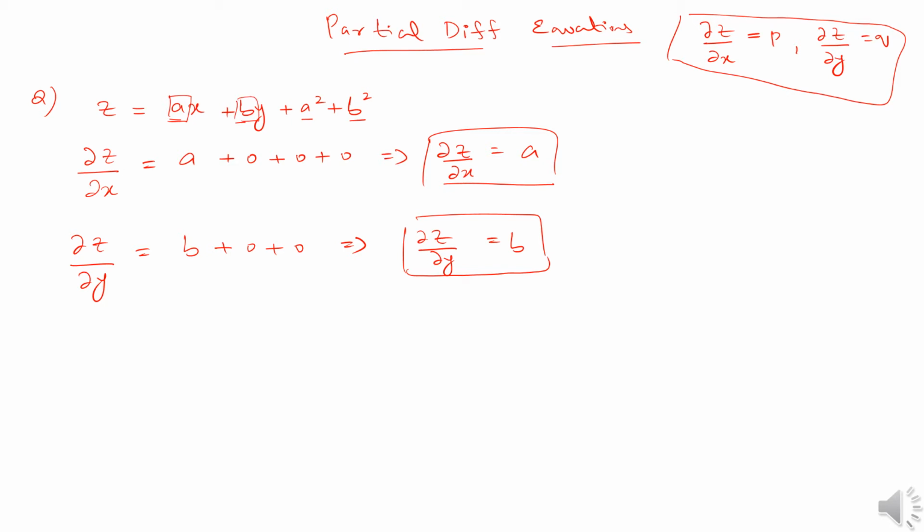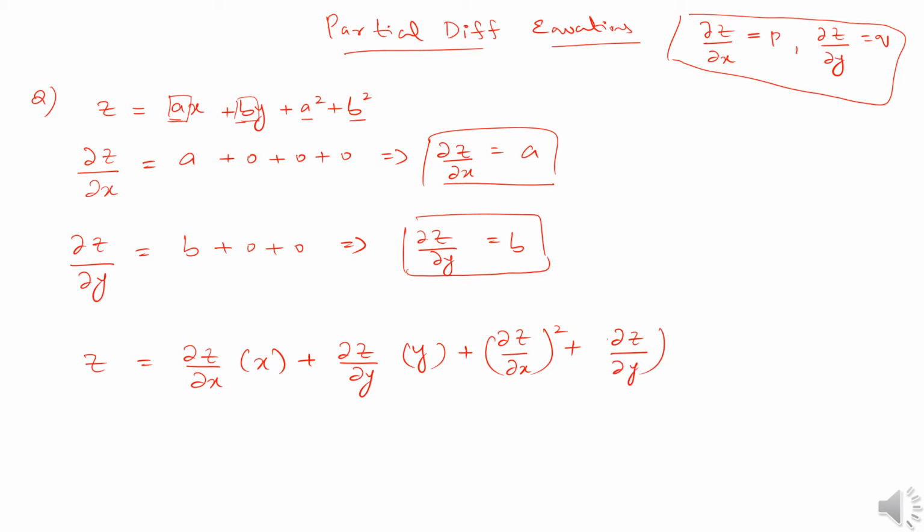So now I can write it as z is equal to ∂z/∂x times x plus ∂z/∂y times y plus, and instead of a squared I will write (∂z/∂x) whole squared plus, and instead of b squared I will write (∂z/∂y) whole squared.